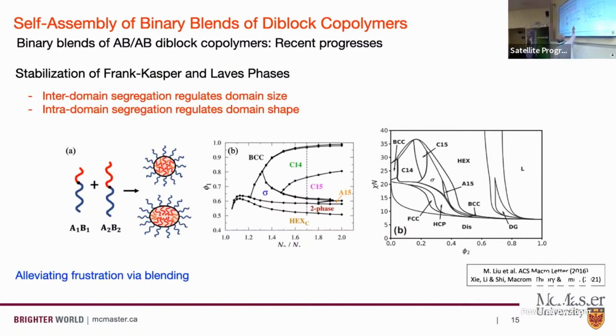And this is the ratio of the length of A, the second one to the first one, and this is the composition, how much you add in. And you start from BCC, and you can see it opens up a very big window. And this is the complete phase diagram for that. And again, this is a very simple experiment because it doesn't require people to synthesize new polymers.